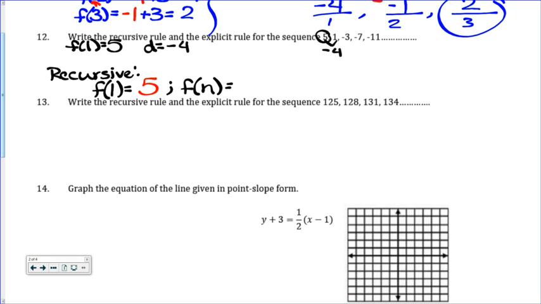The function rule, f of n equals, and then we need to take the previous term, and we know we're going to subtract 4 from it. To write the previous term, we write f of n minus 1, and then the common difference, we're going to take away 4 from each of the previous terms. And that is your recursive rule. Next, we have explicit.